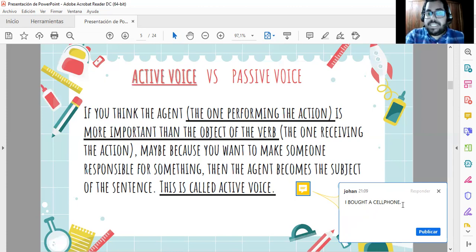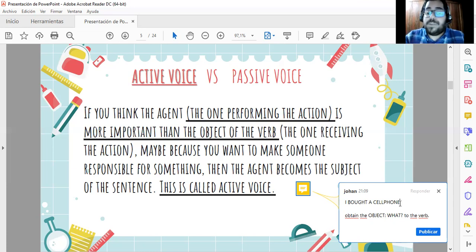To obtain the object, you have to ask "what" to the verb. So the verb is bought. What did I buy? Well, guys, you bought a cell phone. So in this case, the cell phone is the object. We're going to discuss the object and all that in a few minutes.